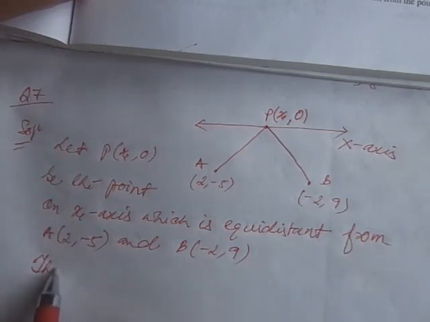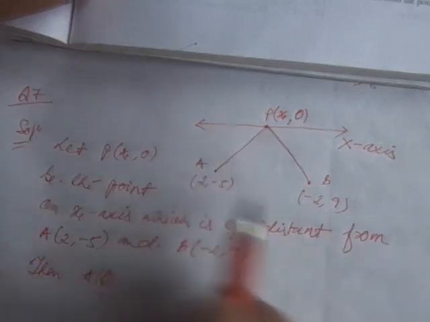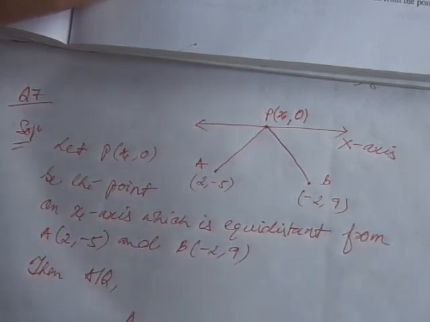Then according to the question, P is equidistant from A and B. That means AP is equal to BP.